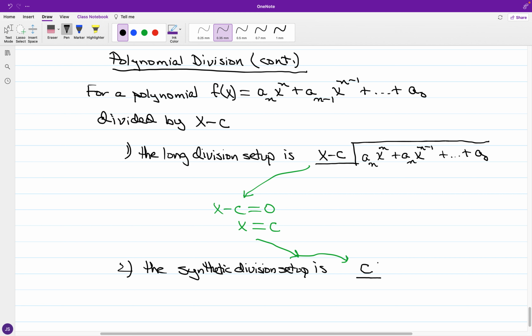The notation, or at least the construction, will be kind of different. But anyway, you're going to have c isolated. And across from c, you're not going to see the x terms, but instead the numerical coefficients, a sub n, a sub n minus 1, all the way out to a sub 0.